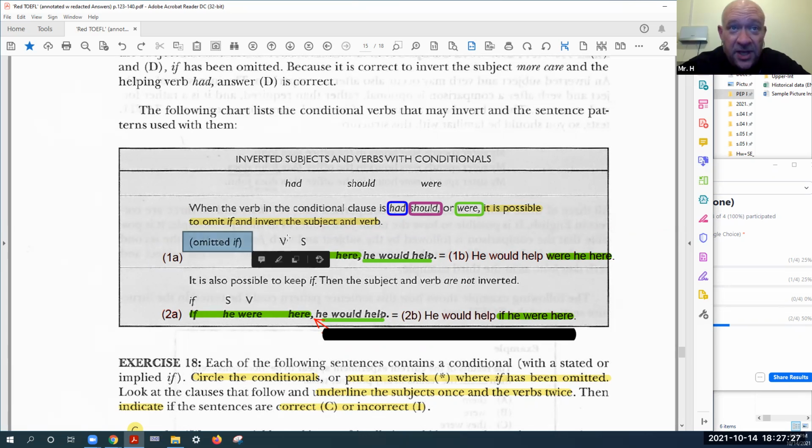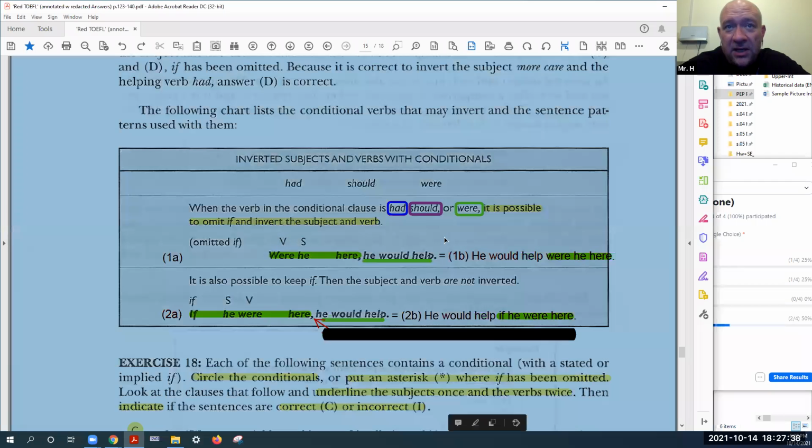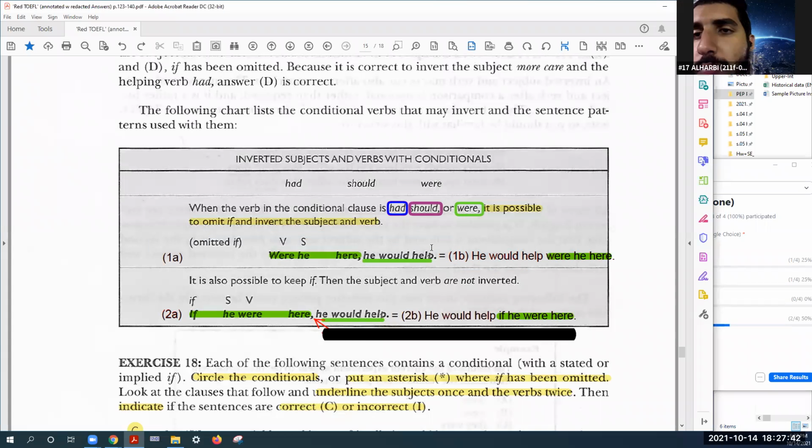The if connector. Because we remove the if connector, we invert here, were. That's correct. And where is the main clause? He would help. Exactly.